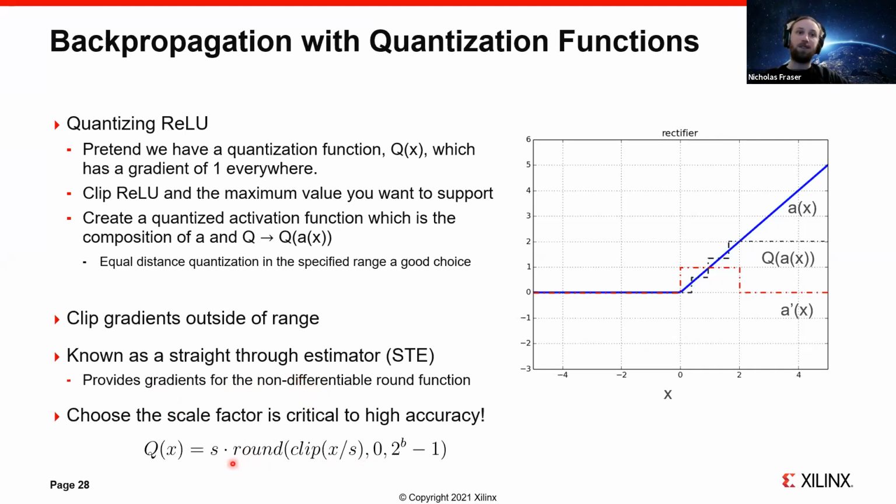What you do is when you apply rounding on the backward path, you pretend that that rounding function doesn't exist, that it's an identity function that doesn't change anything related to the gradients, as if you're just passing it straight through. And from a standpoint, you could say, well, now when I'm applying my optimization techniques, I actually have a mismatch between my feed forward function and the gradients I'm calculating.